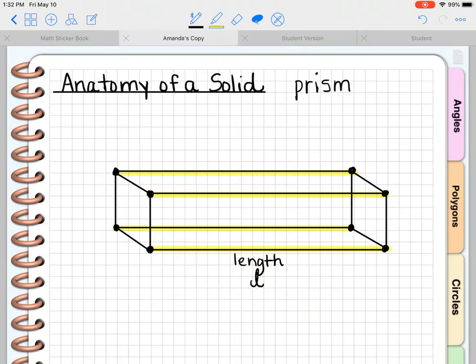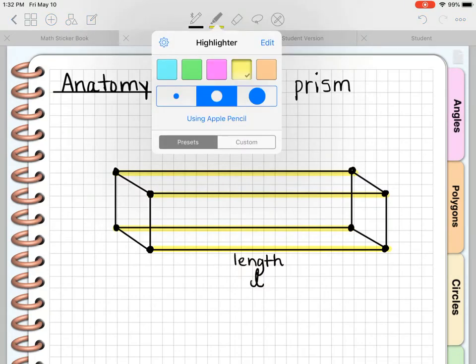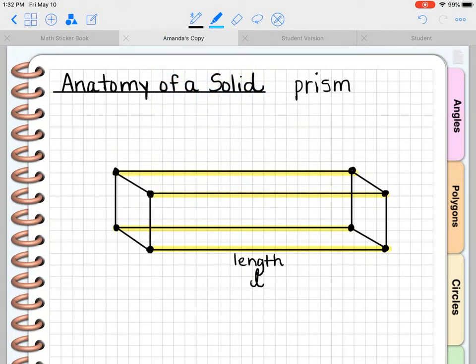Okay, let's look at width. That's another one that we're sort of familiar with. So the widths here are this one, this one, this one, and this one. So those are the widths of the solid.